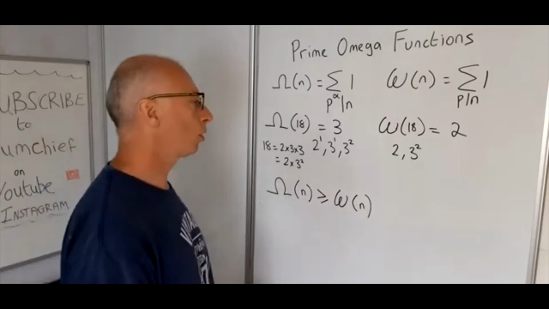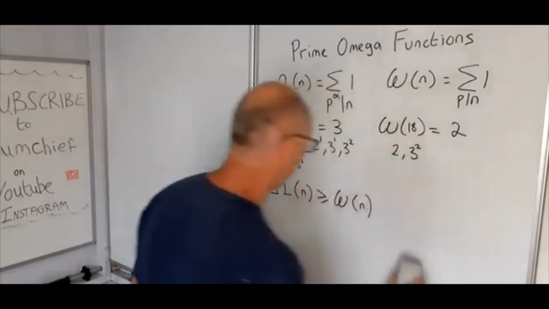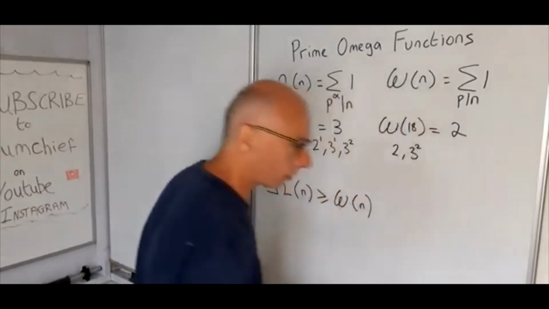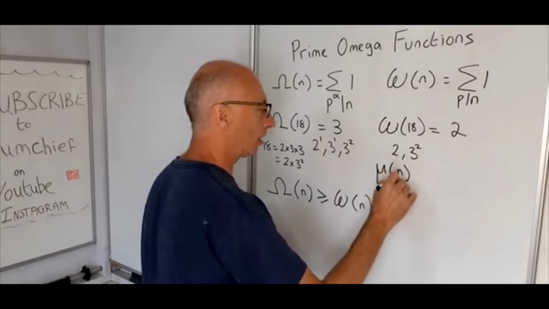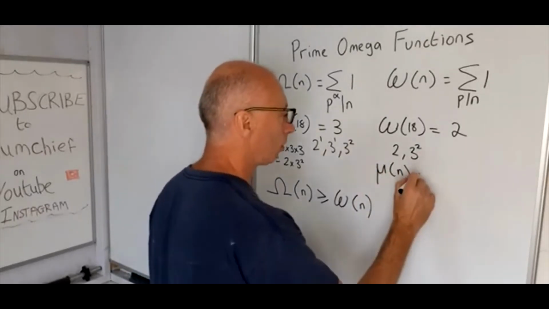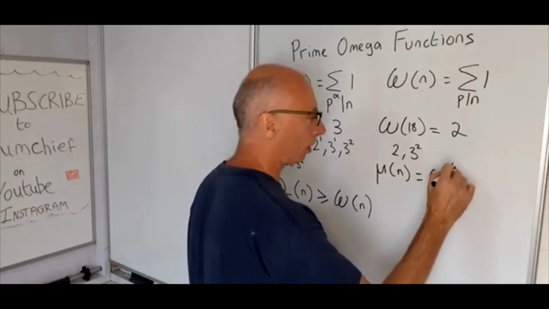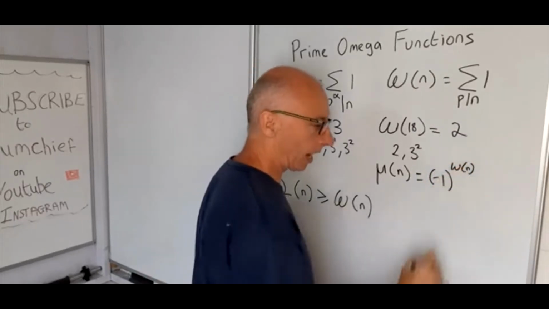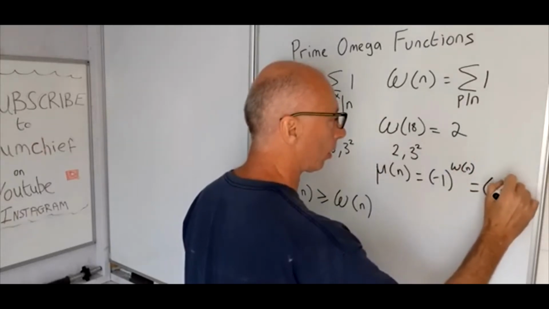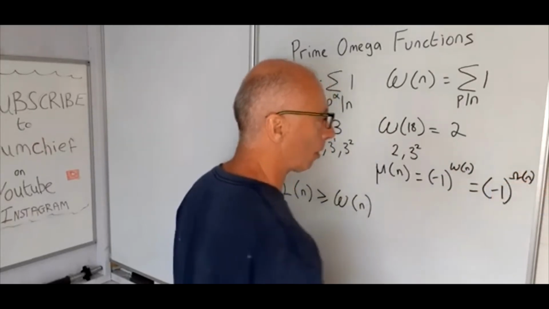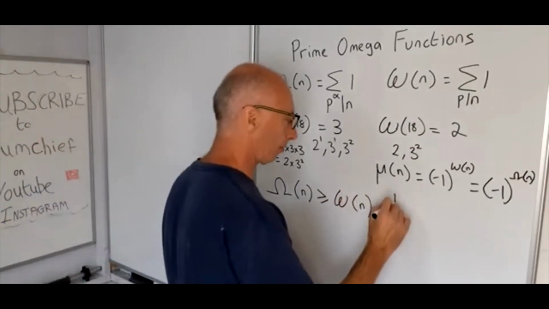So if you have a look at the mobius function, so let's just rub this off. Actually, no, we can leave that on. We can fit this over here. So the mobius function, which is mu of n, what we can say with this is that minus 1 to the power of lowercase omega n is equal to minus 1 to the uppercase prime omega function of n if n is square free.